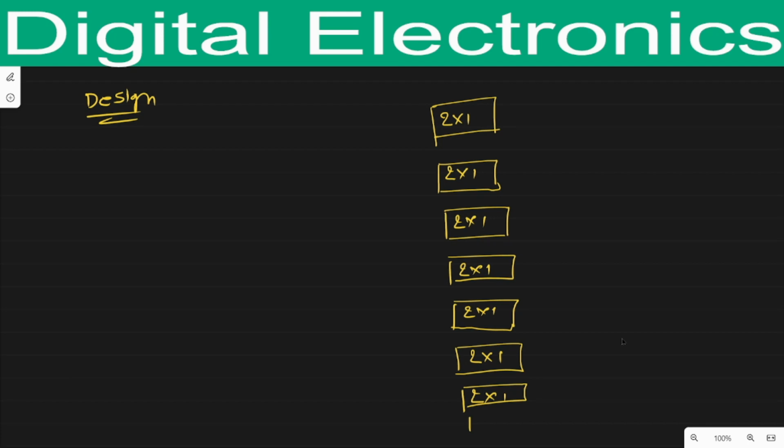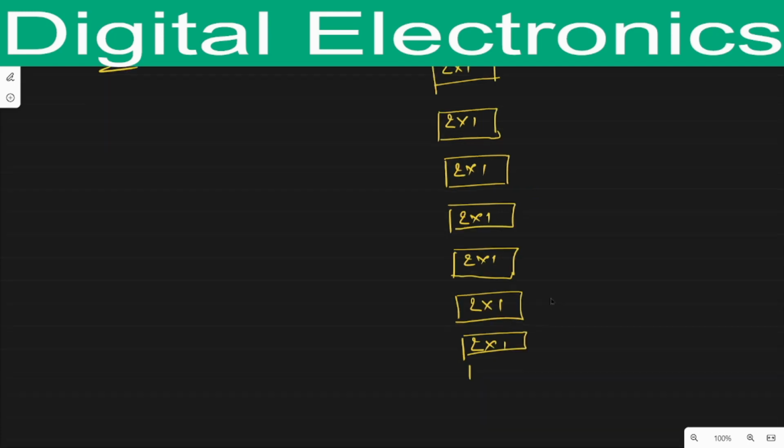And eighth 2 cross 1. These are the 2 cross 1 multiplexers. Now the inputs are I0, I1, same as for the other one also, same as for the next one, and it repeats.